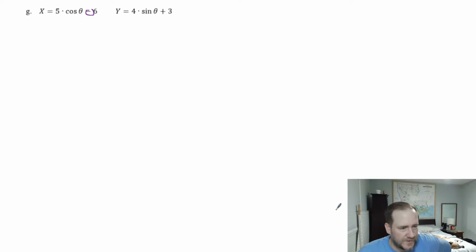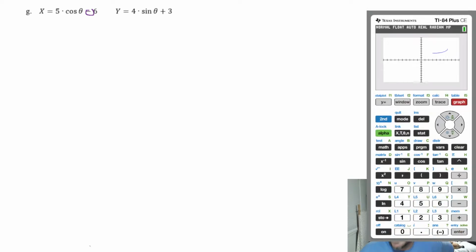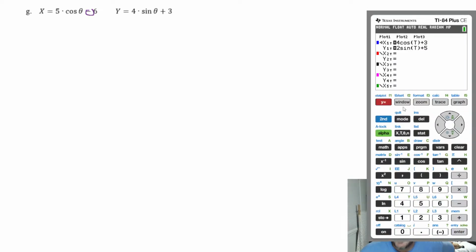So why don't we do this? Let's take one more opportunity to just use our calculator. So obviously, we can just graph this thing, and you'll see that it's pretty much the same. So it's 5 cosine theta minus 6. The other line is 4 plus 3. You can see how little I actually have to change. Obviously, it's going to come out the same.